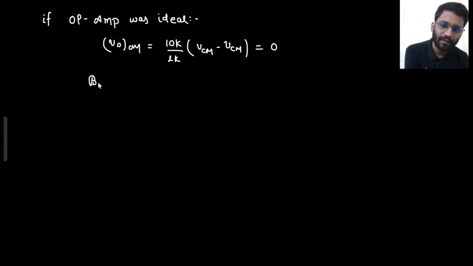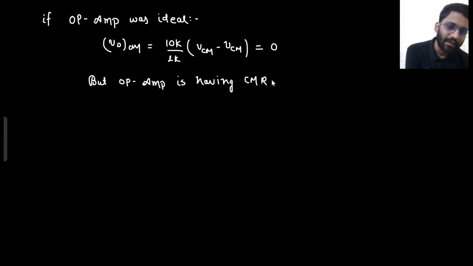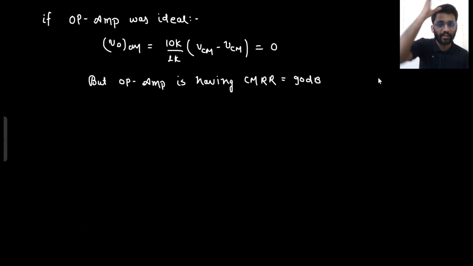But OpAmp is having CMRR equal to 90 dB.